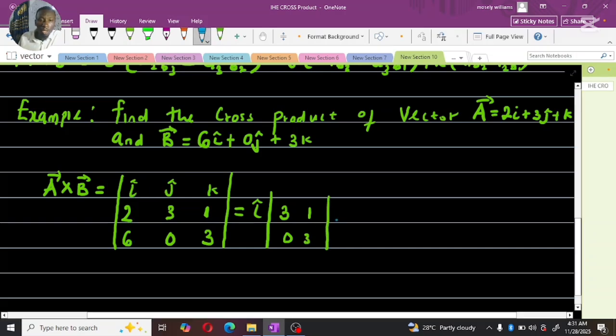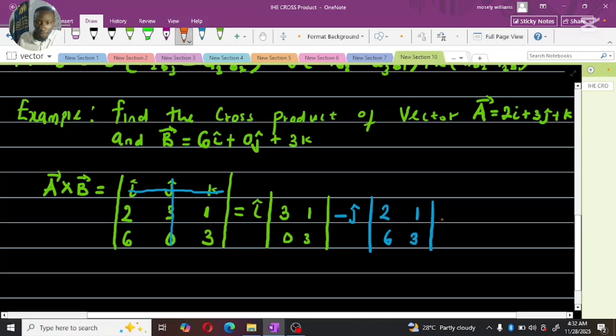Now for J, we have to close the first row and the second column, right? So what do we have left? We have 2, 1, 6, and 3 left. Very good.